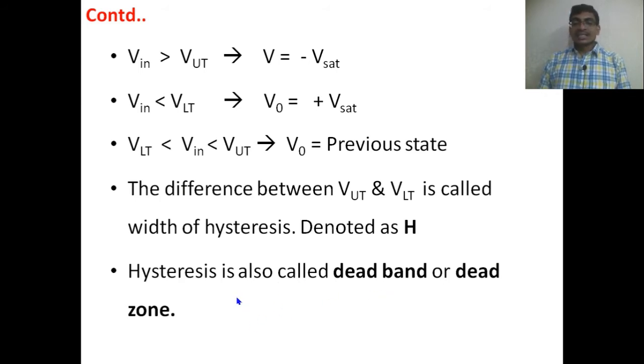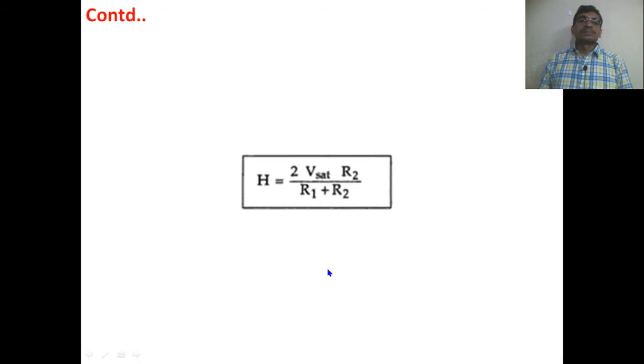In this hysteresis, no change in the output will occur. It is a transfer curve drawn between the input signal and output signal. When the input signal lies in that hysteresis band, it won't change its output. That's why it is called a dead band and dead zone.